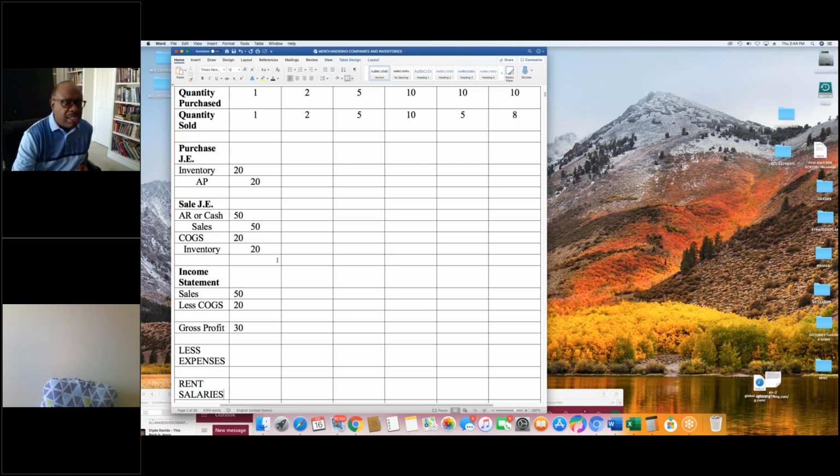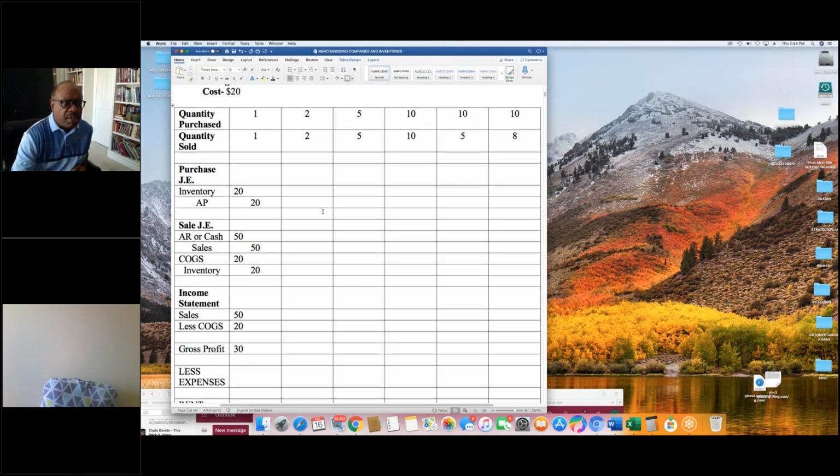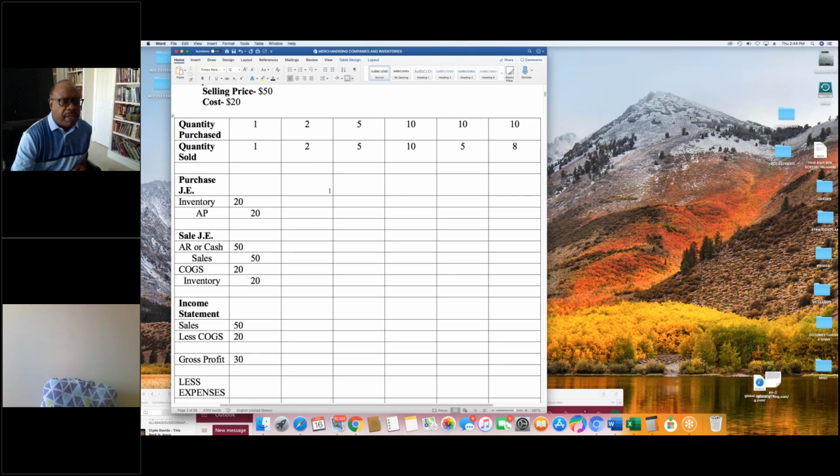Okay, well, let's see if we can sell two pairs of shoes. So if we sold two pairs of shoes, we'd have to buy two pairs. And so we debit inventory for 40, and we credit accounts payable for 40. Then, because we're selling two pairs of shoes, we would receive $100.